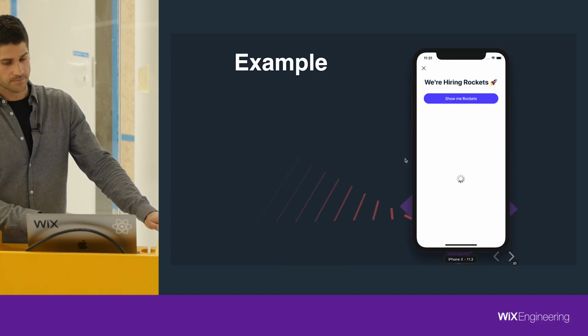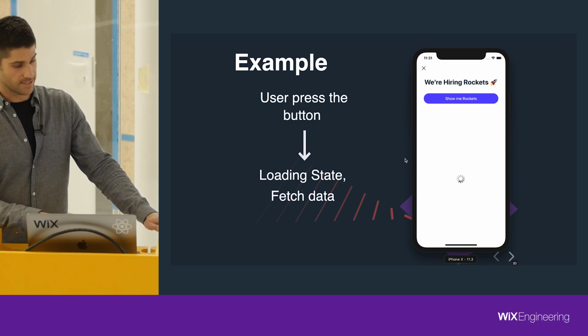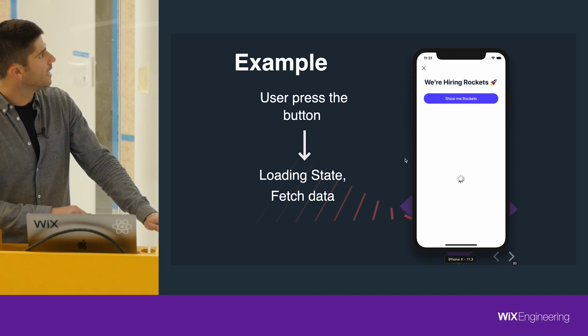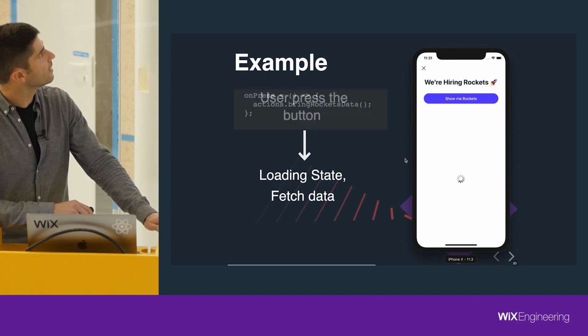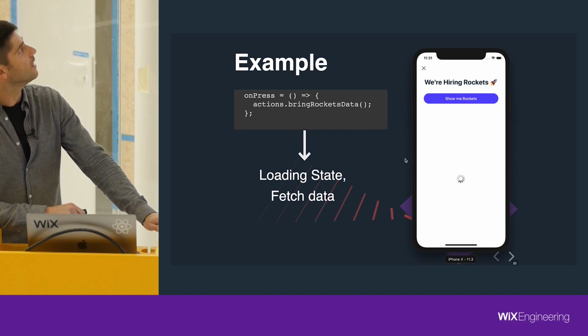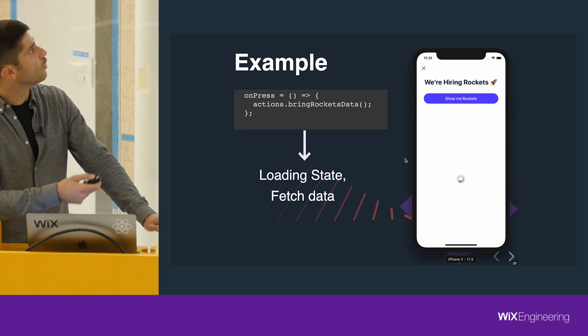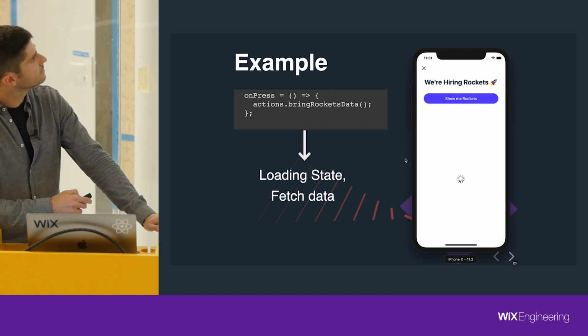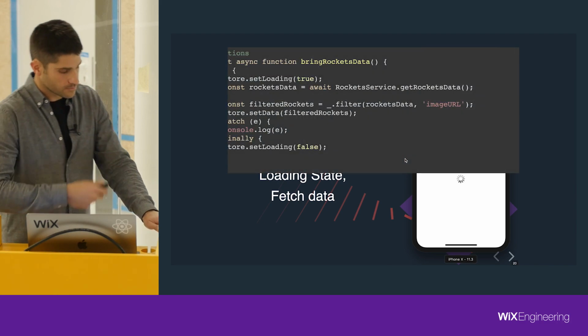In the second state, the user presses the button, I move to the loading state and fetch the data. This is the only thing that happens when the user presses the button. The action being called is bring rockets data.